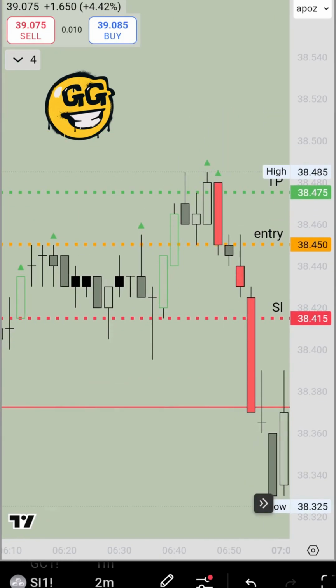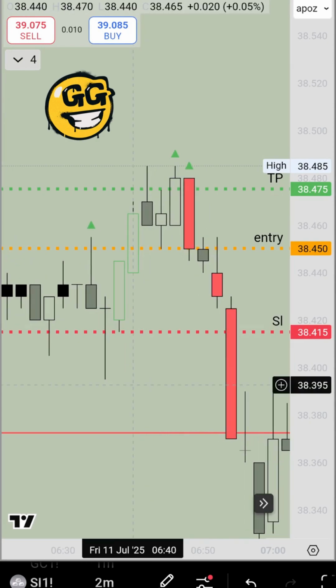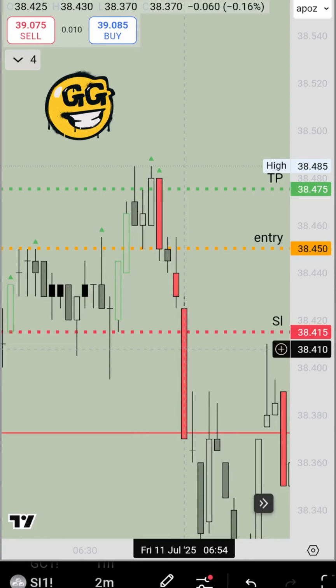Okay, so we have this FVG candle at 6:40 on July 11th, 2025. If you want to go back to your charts, look at silver, ticker SI. Look at the fair value gap formed at 6:40 on the 2-minute chart.